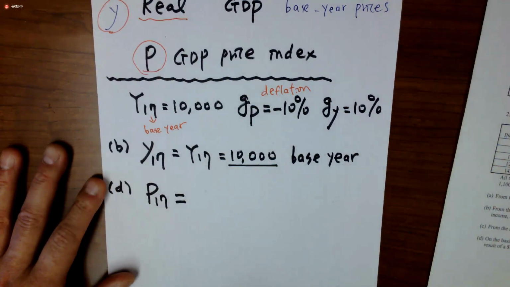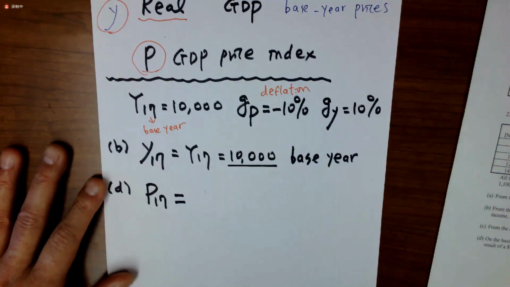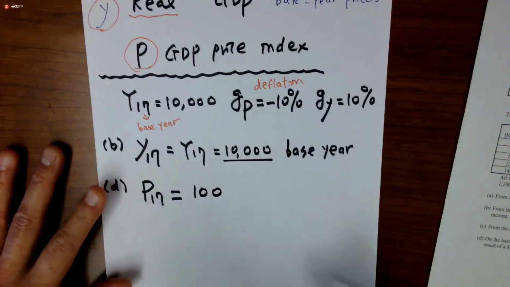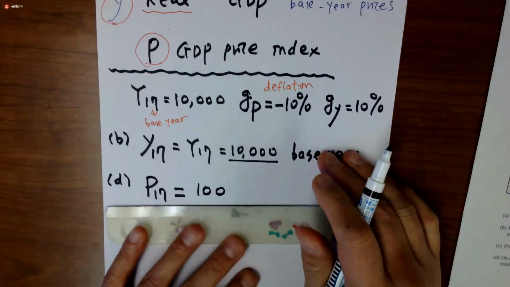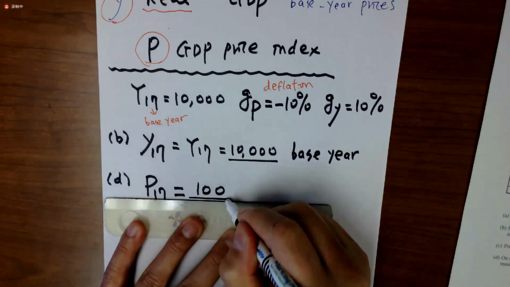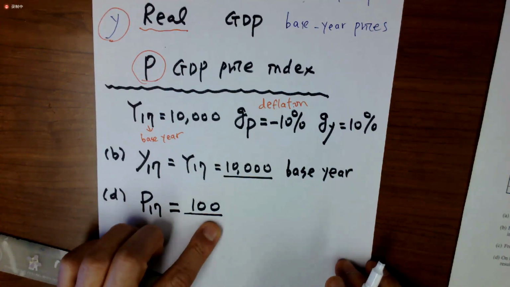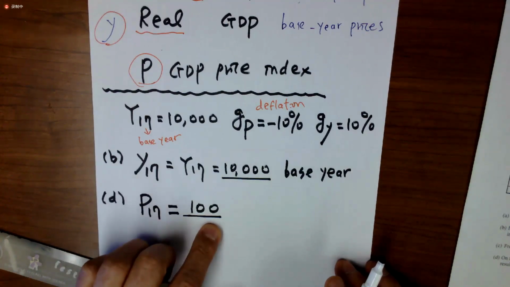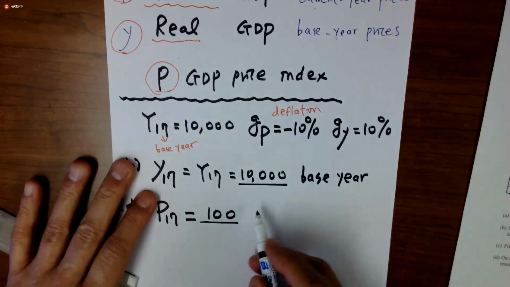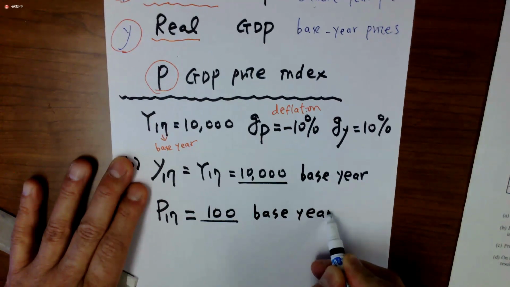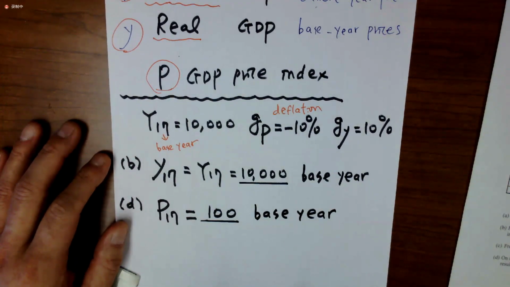So what's the answer to this? 100, base year. Equal to 100, because we arbitrarily set the GDP price index for the base year equal to 100 for convenience. Okay, for convenience. So again, this is the case because this is the base year. Agree?